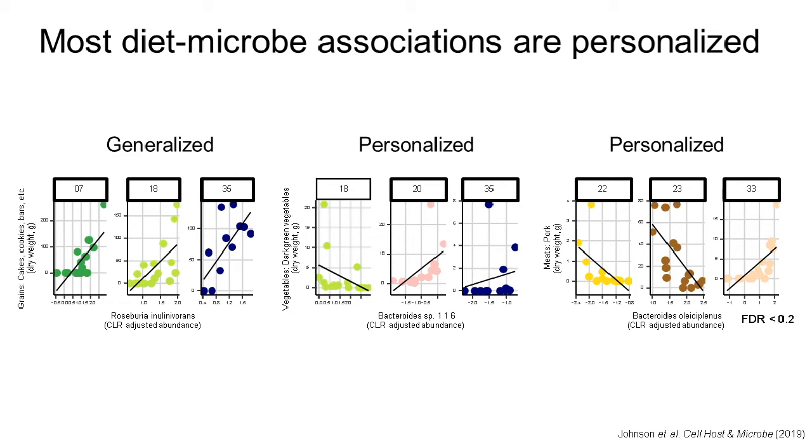So we can drill all the way down and find out if there are personalized diet or food microbe interactions in each person that may or may not be the same for different people. And we actually found many of these, dozens of these associations. And there were some that were more generalized. So on the left here, we have people who ate foods in this category, cakes, cookies, bars, recently tended to have more of this bug, Roseburia inulinivorans.